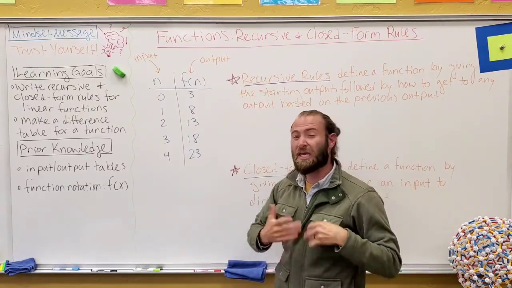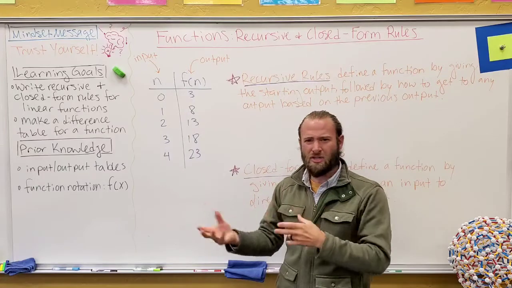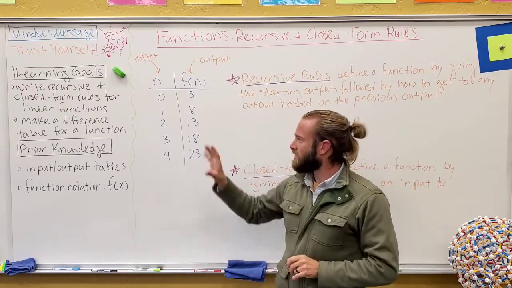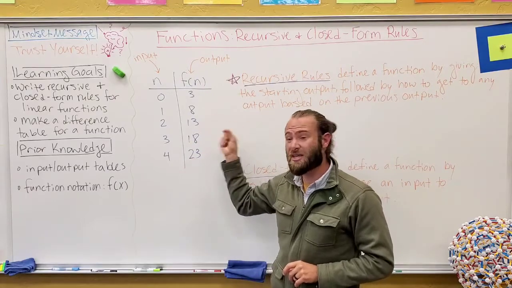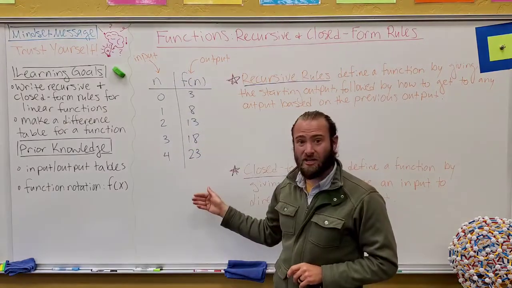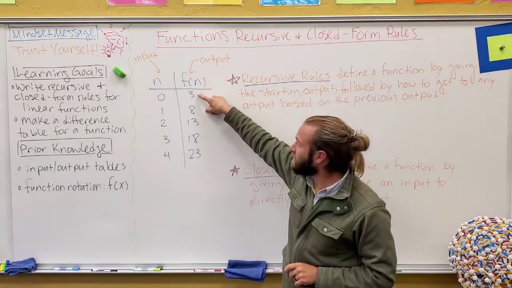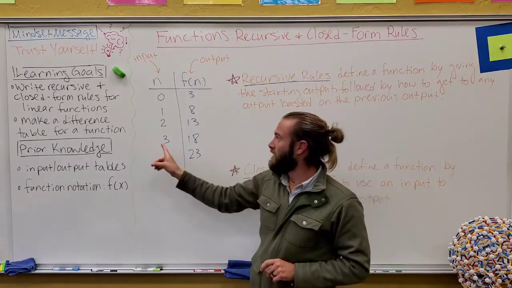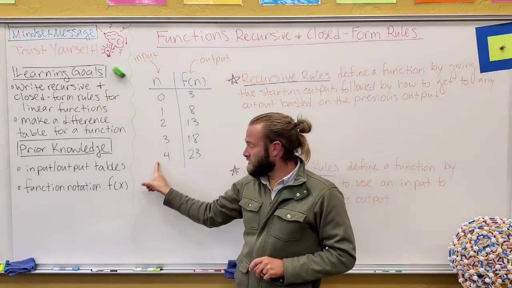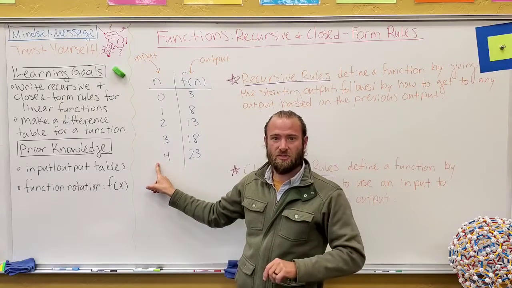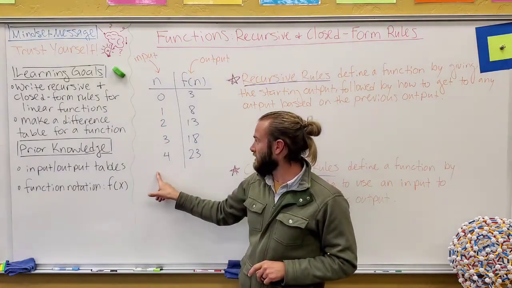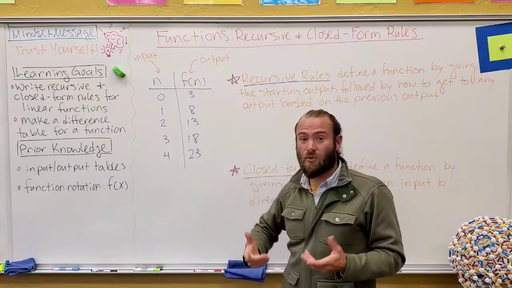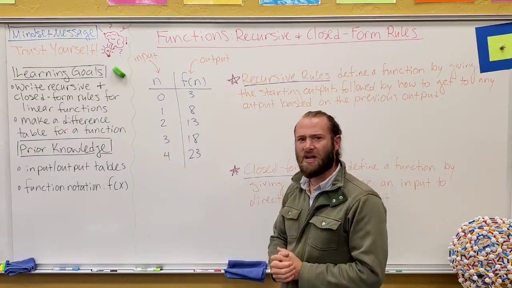I just want you to think in your head, whether it's an equation or just in words, what is a way that you would tell somebody what the pattern is in this table? And remember, we're specifically talking about the pattern in the outputs, because we've made the inputs have a pattern just because that's what we like to do. So if we put the inputs in order like this, can we see anything going on with the outputs that will help us to find a rule for it?